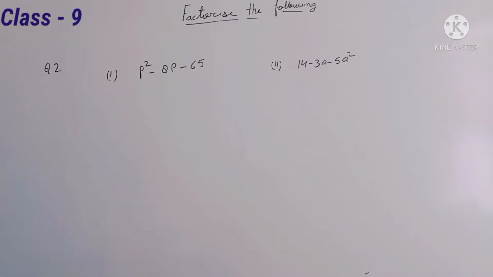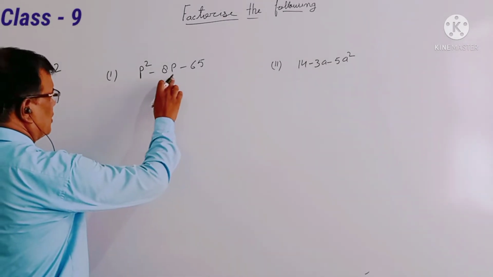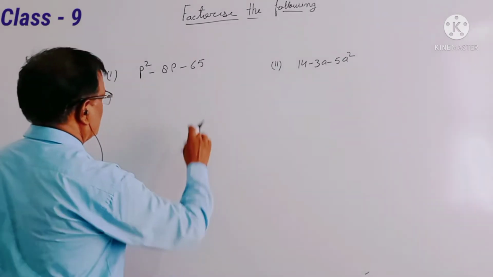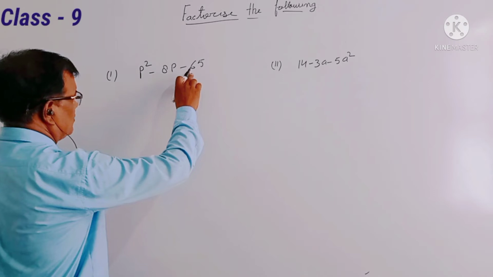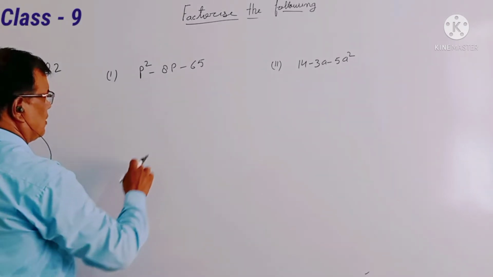Now we are going to solve the next question, question number 2. Now we see p square minus 8p minus 65. Multiplication is minus 65. Sum or difference is minus 8.